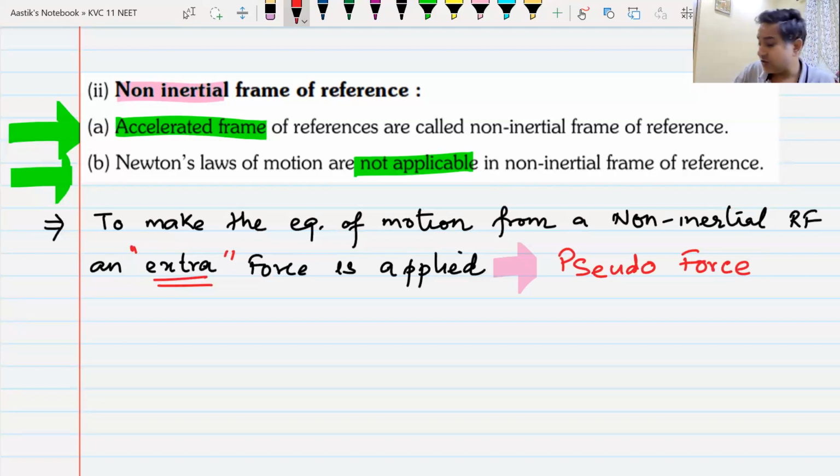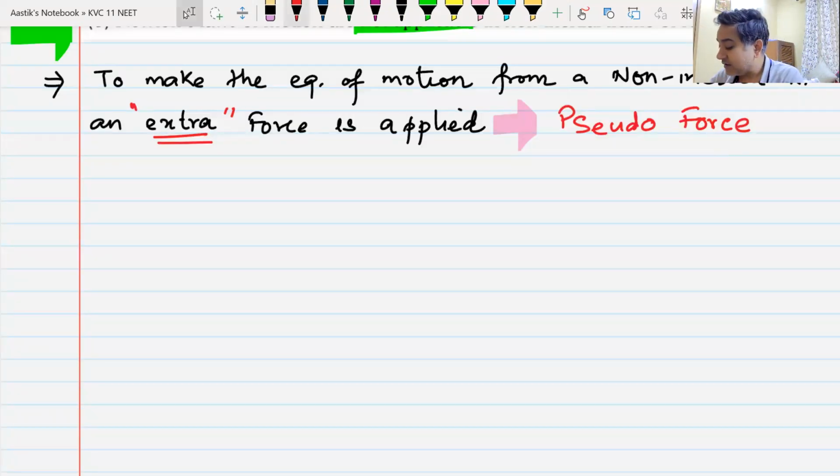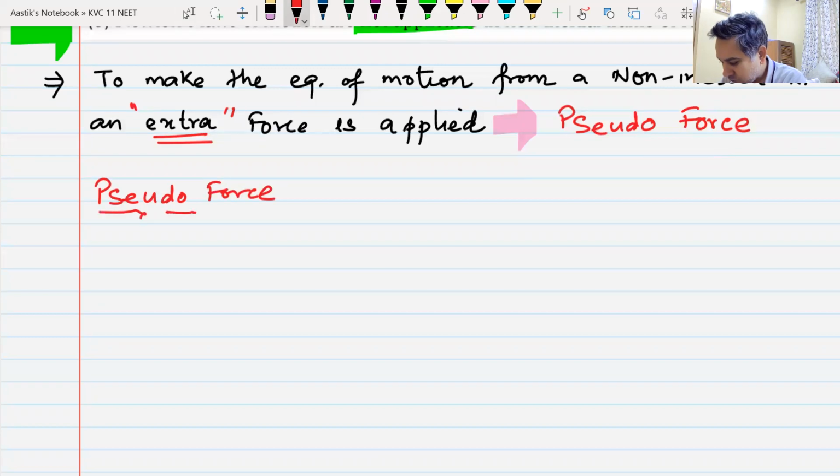So, if you wish to write equations of motion from a non-inertial reference frame, you'll have to apply an extra force, which is known as pseudo force. What is a pseudo force?